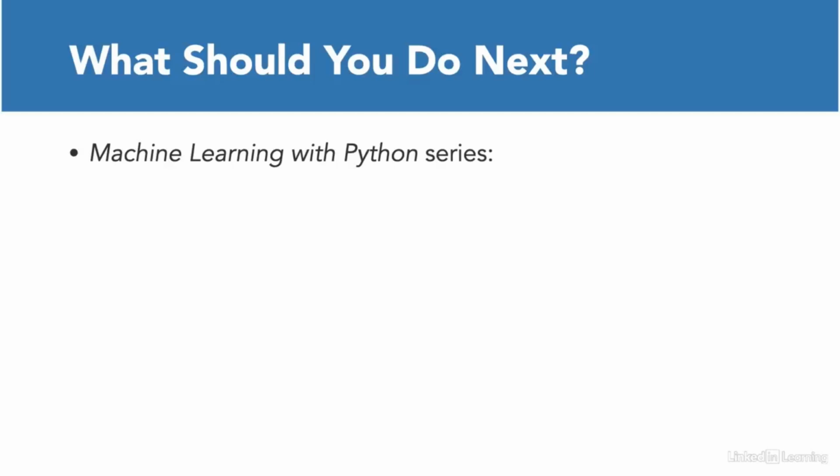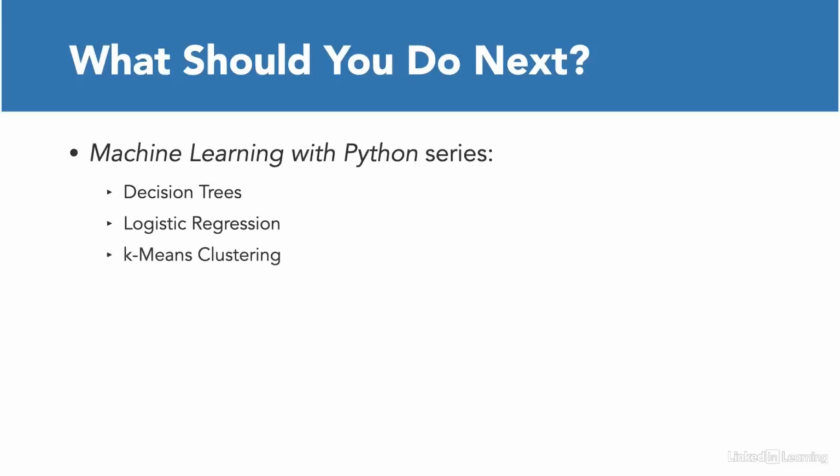Next up in the series is Machine Learning with Python Decision Trees, where we explore the supervised machine learning approach known as a decision tree and learn how to build both a classification tree as well as a regression tree in Python. Then you can step into Machine Learning with Python Logistic Regression, where you will learn about logistic regression and how to build and interpret the results of a logistic regression model in Python.